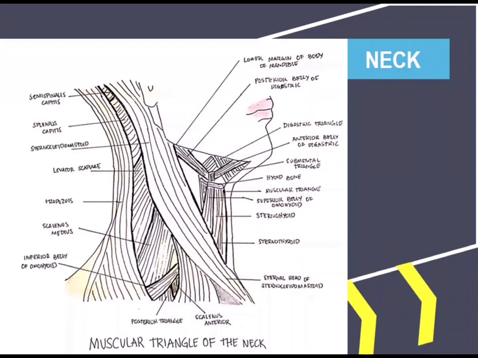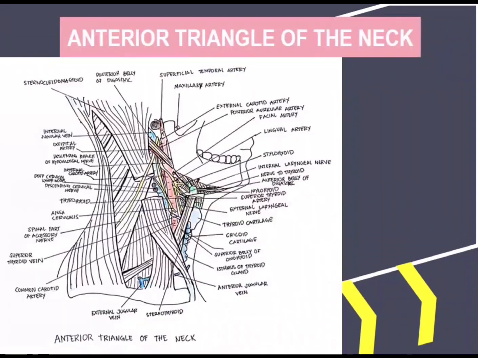The anterior triangle is bounded above by the body of the mandible, posteriorly by the sternocleidomastoid muscle, and anteriorly by the midline. It is further subdivided into the carotid triangle, the digastric triangle, the submental triangle, and the muscular triangle.